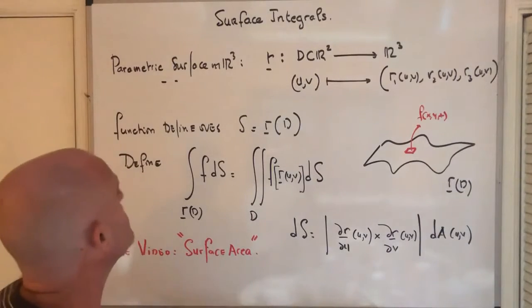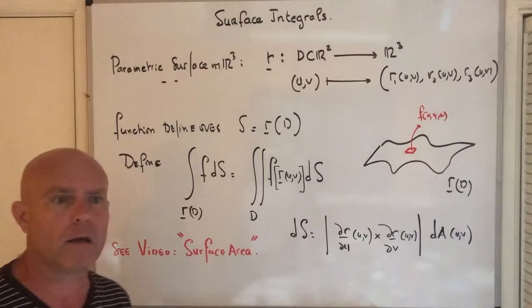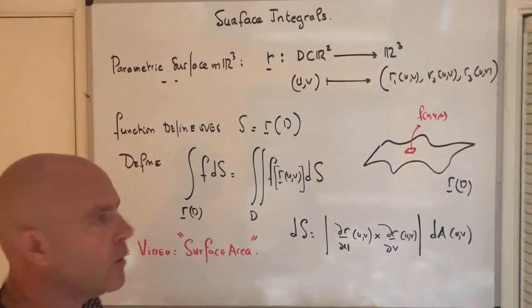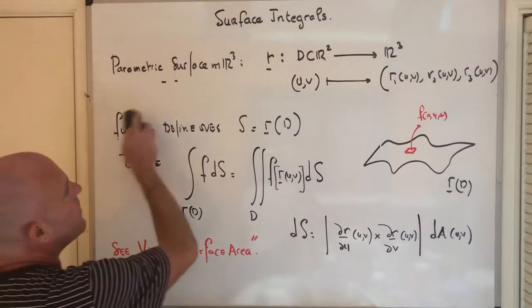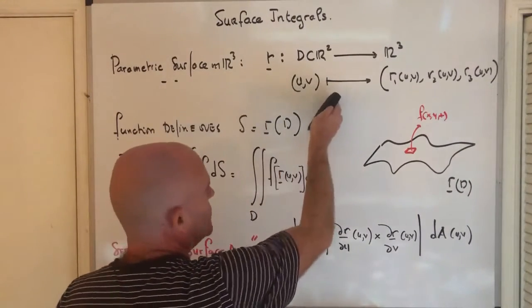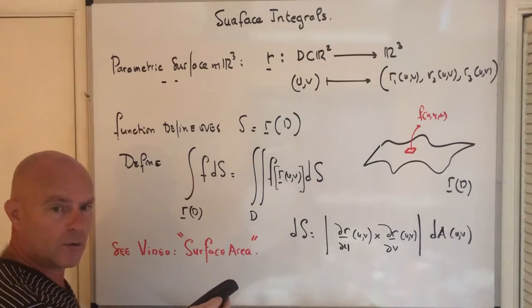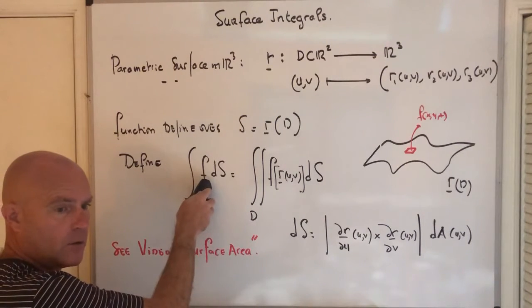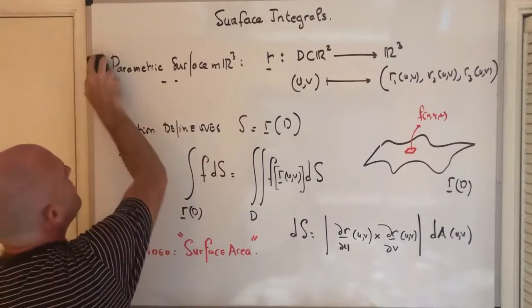So I'd like to discuss with you an illustrative example, example number 1, which is completely treated in the book, but I'd like to discuss it with you also. I don't think it's a waste of time. So we are considering a parameterization of the unit sphere centered at the origin, and we want to measure the surface integral of the function f of x, y, z equal to x squared. So let me rewrite everything.